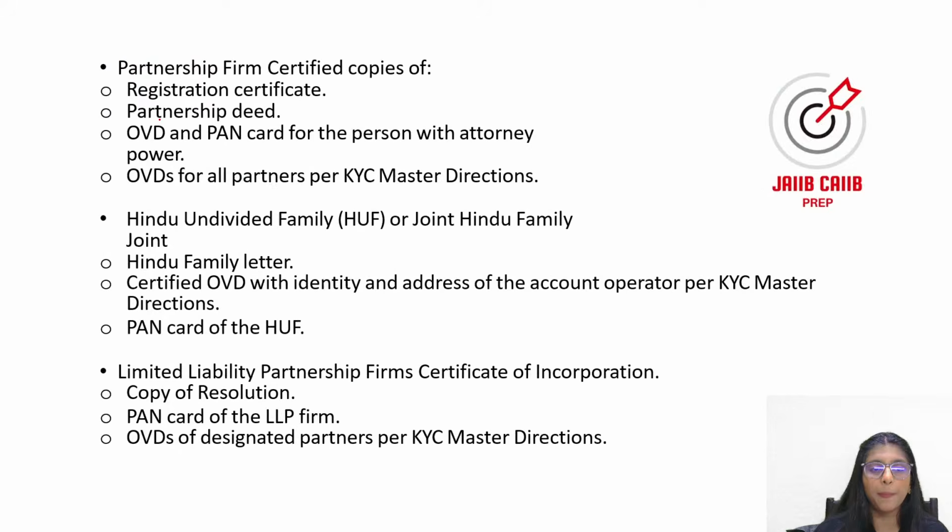If you are opening a Hindu undivided family account, then you require the HUF letter and PAN card of the HUF. These are the differences in different current accounts. But the major four documents required whether you're opening any kind of current account are proof of identity, KYC compliance, authority to operate, and registration or legal proof. Okay, read this one. This is very important.